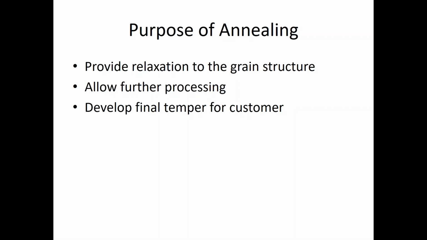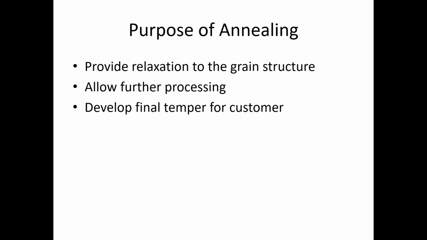Purpose of annealing, provide relaxation to the grain structure. As you roll down further and further, especially in the cold end, you get smaller and smaller grains or crystals of the metal, and they get stronger and stronger, and you have to relax that. Allow further processing of the metal.